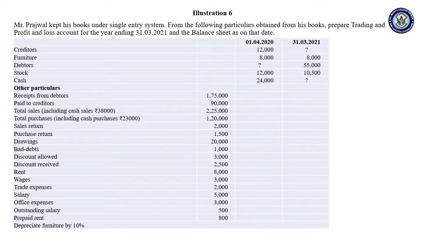Stock 12,000, 10,500. Cash 24,000, and the last column nil. So then you record other particulars. Okay, take it fast. So copy it on.